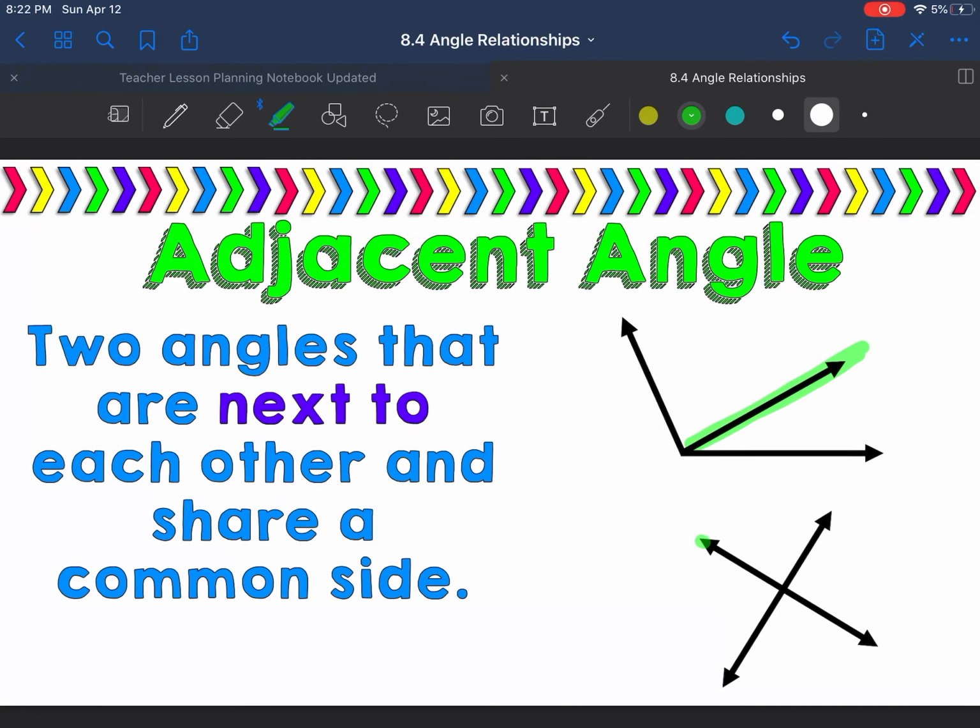If I'm looking at my intersecting or perpendicular lines below, say I'm looking at this angle and this angle, those would be what we call adjacent angles because they share a common side here in the blue. So, vertical angles are across from each other. Adjacent angles are next to each other. They share a common side. They're adjacent.